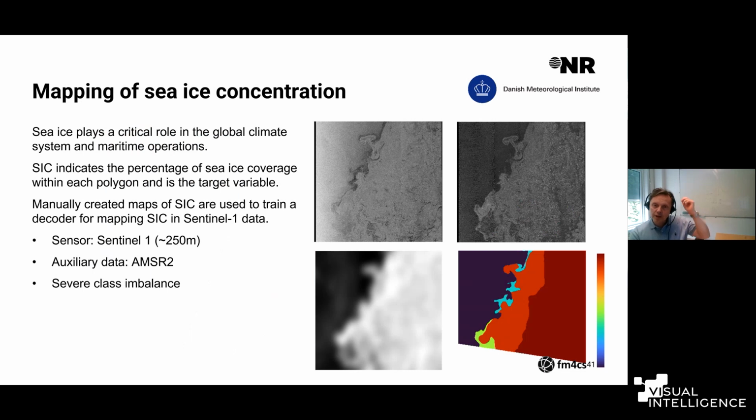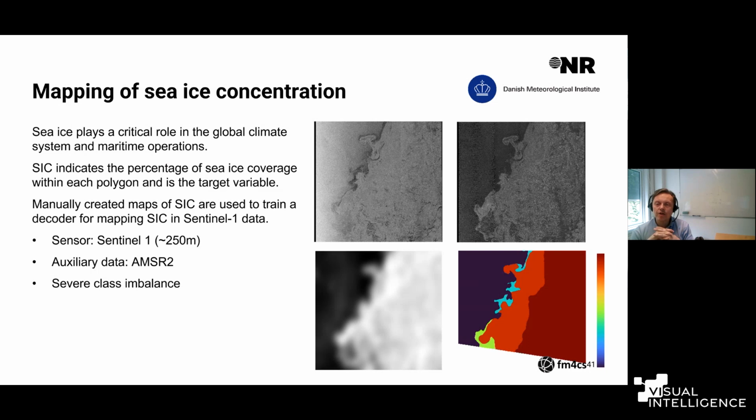We also explored it on sea ice, estimating sea ice concentration. These are really, really preliminary results, still ongoing. This is just the early version from April, I think, when we did this. Here we also have auxiliary data, and that is passive microwave from the AMSR2 satellite.